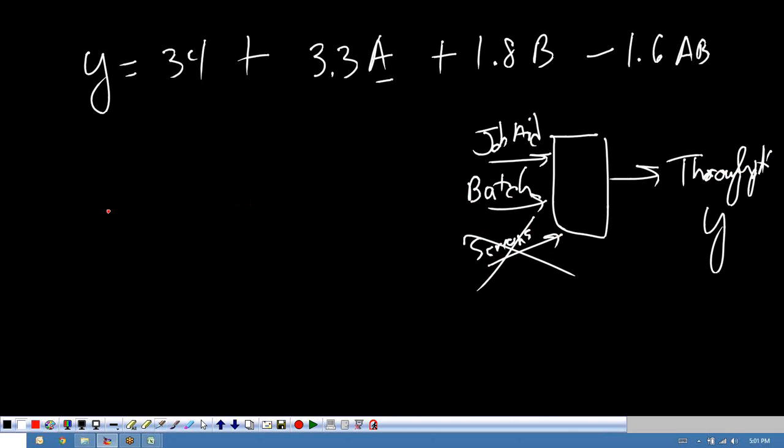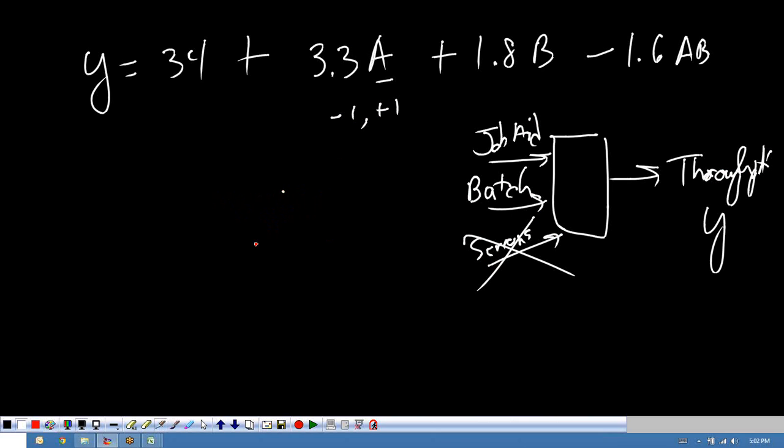and that's our throughput. Okay, that's our Y. All right, now what it does, you'll notice, is that this is a -1 to +1 model. So if we're looking at the relative effects of this, the relative effect is it swings 6.6 between the minus and the plus.